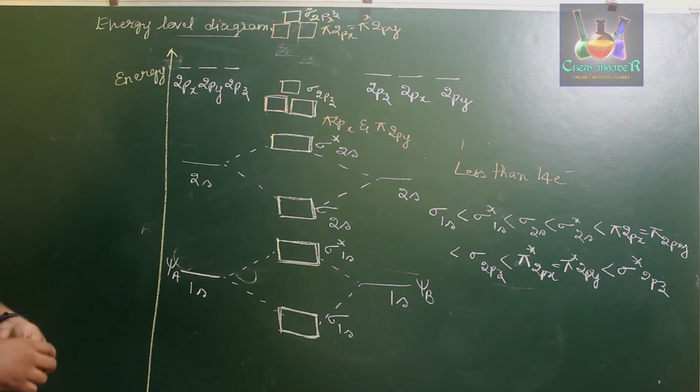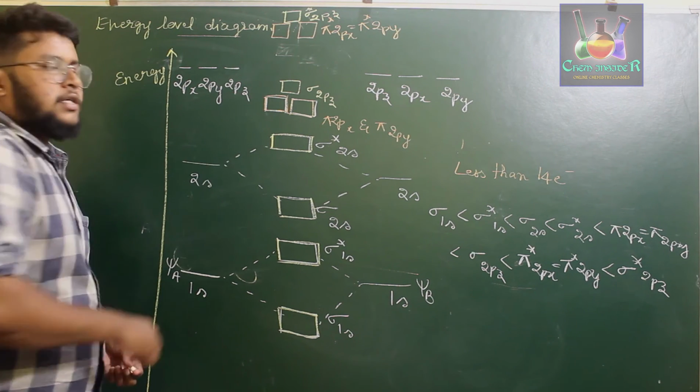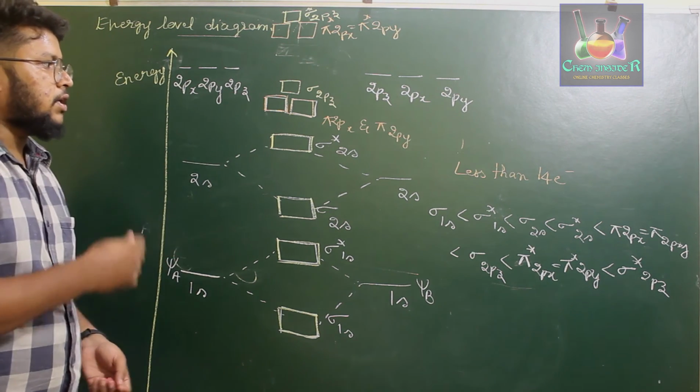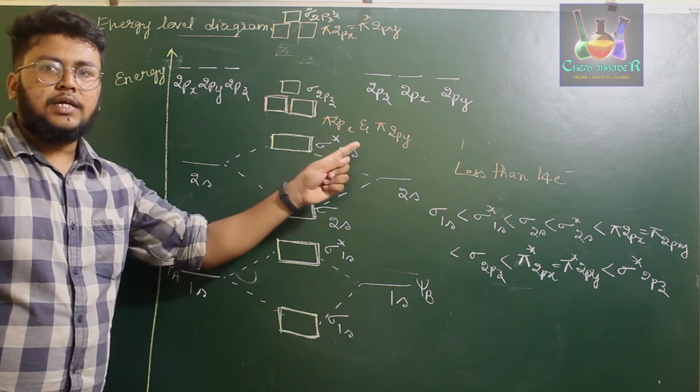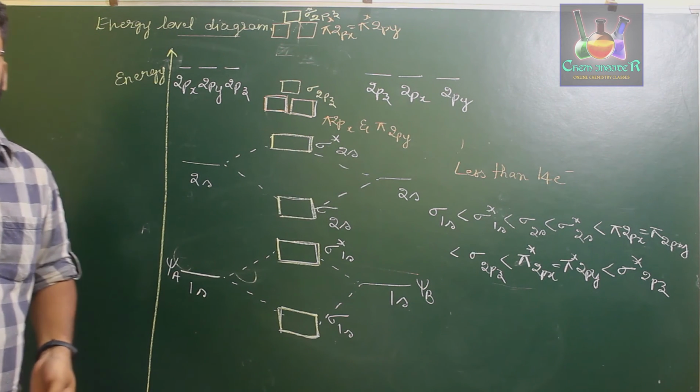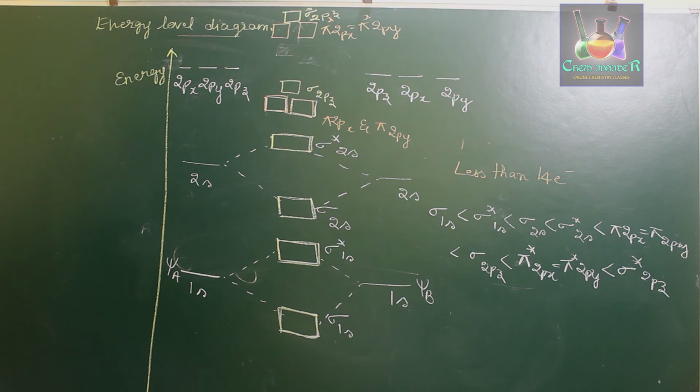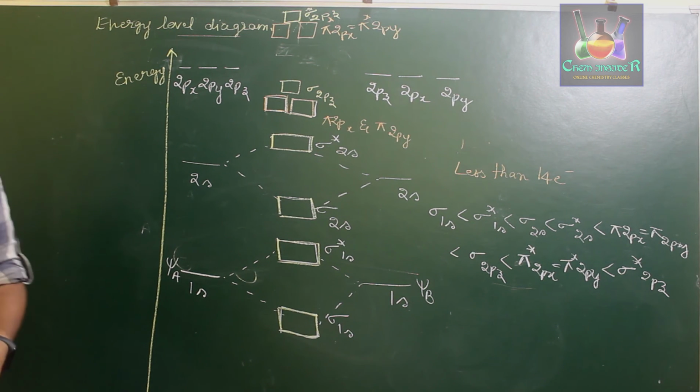The change is that the sigma 2pz orbital of that molecule will have lesser energy when compared to the pi 2px and pi 2py orbitals.